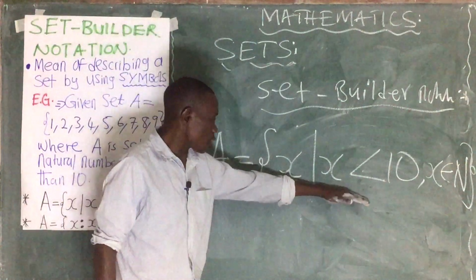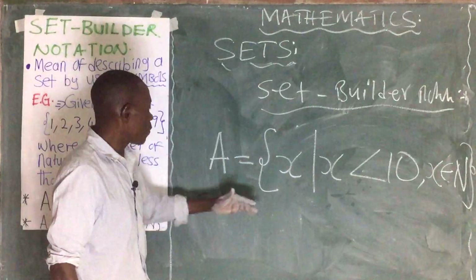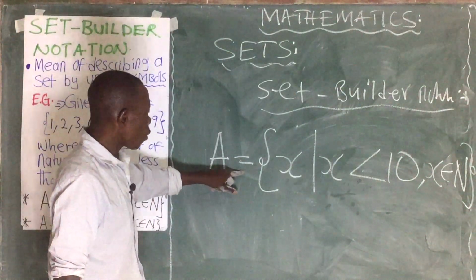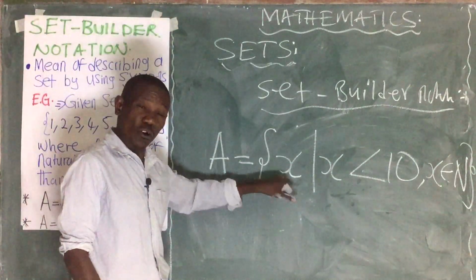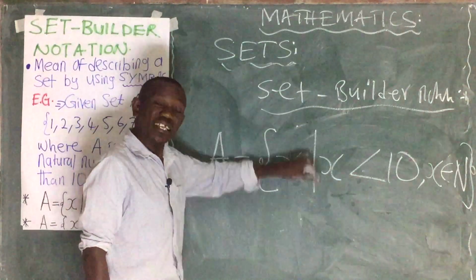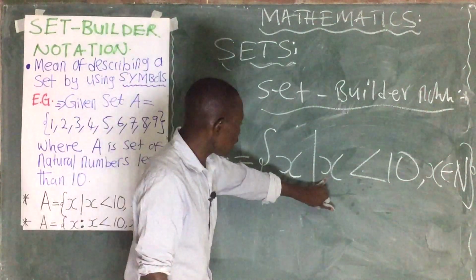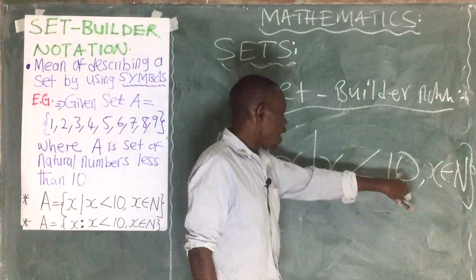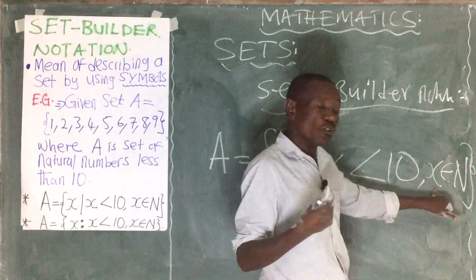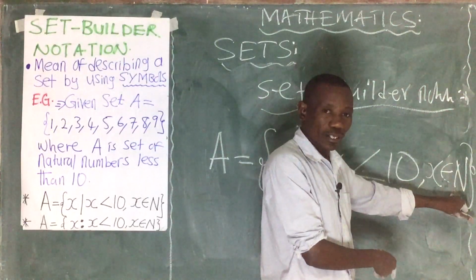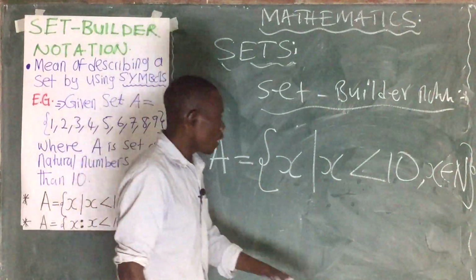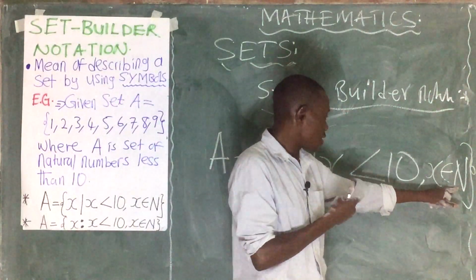So when you look at this one, you describe it down here to say A is a set of all elements X, such that, this line means such that, X is less than 10, where X itself is a natural number. You see? Just like variable X is defined here, what is X is N, and N is natural number.